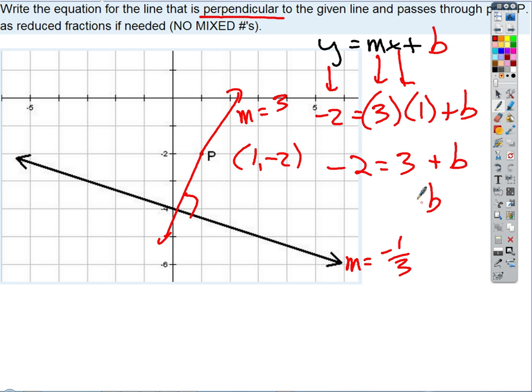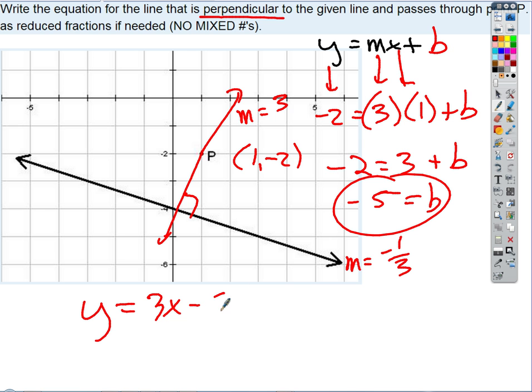Subtract 3, and I get B is what? -5. So I got B, I got M, what's my equation? Very good. Okay, you think you're ready to give this a try? Yep. All right. Do it.